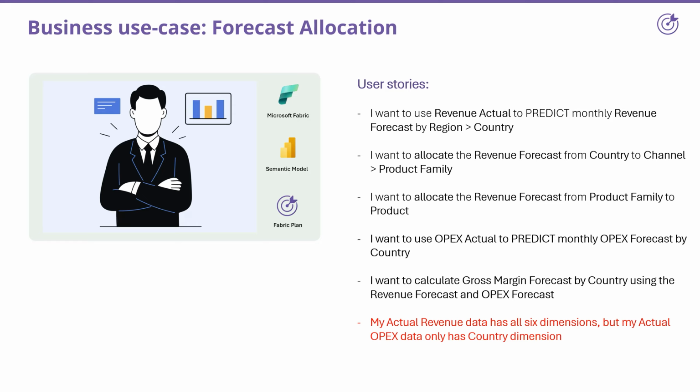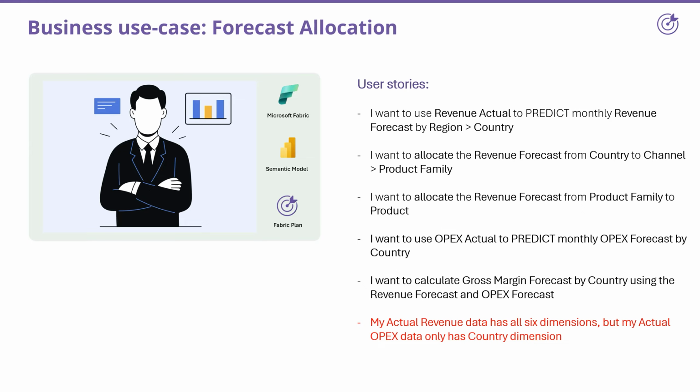So we've got our revenue actual, using it to predict the revenue forecast by region and country. Then we allocate the revenue forecast from country to channel to product family. Then let's allocate the revenue forecast from product family to product. Wow, this is getting interesting. And then let's use OPEX actual to predict monthly operating expense forecast by country.